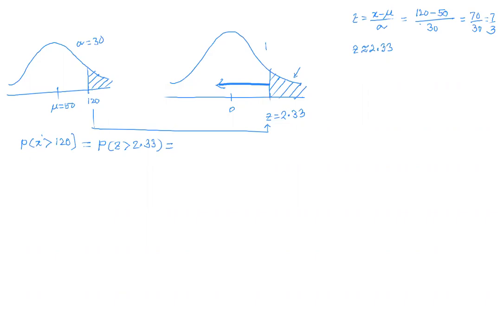And Dennis both. So it's going to be 1 minus the probability of z less than 2.33. Okay, look at this. All right, z less than 2.33. Now, everybody look it up in the table. For z less than 2.33, what value? What is the probability value?